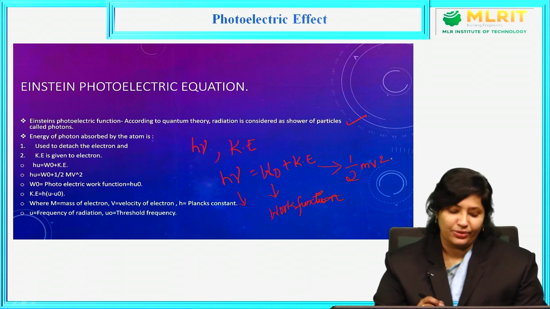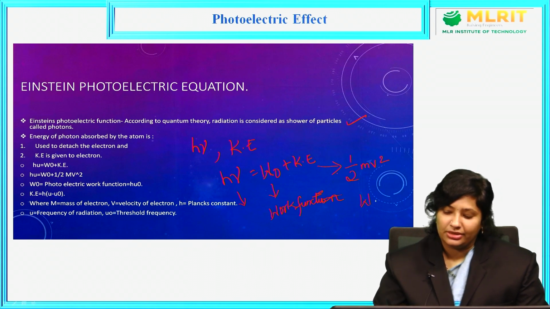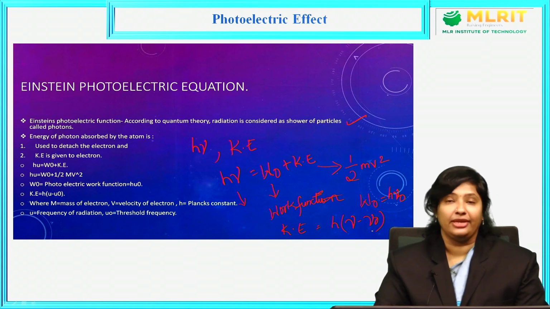So, the final equation is h nu equals W0 plus kinetic energy. What is W0? W0 is nothing but h nu0. Therefore, the kinetic energy is equal to h times nu minus nu0, which is the final equation.